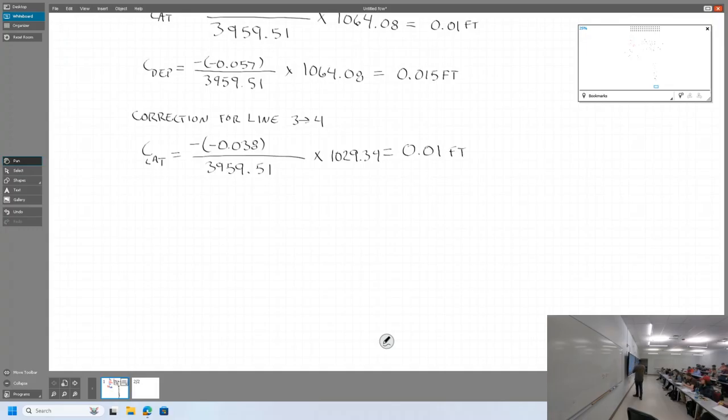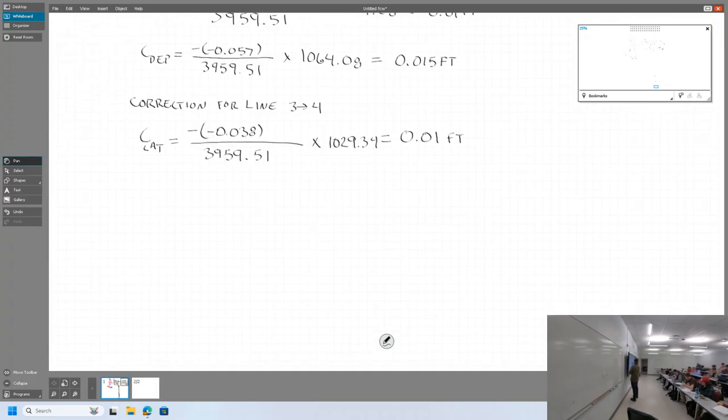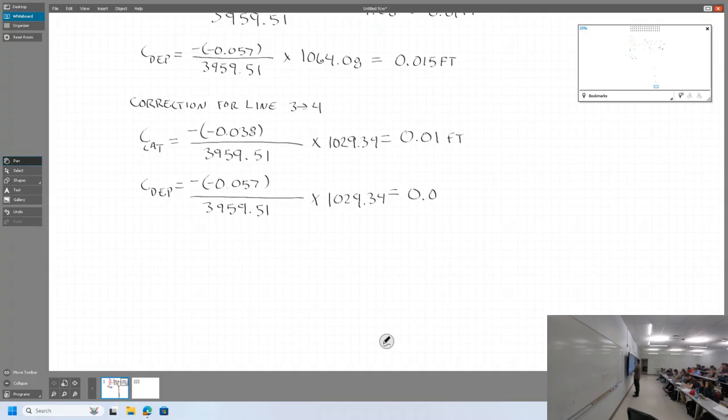Same result. Now work the departure, since we're using the length of line. We get, again, 15,000.